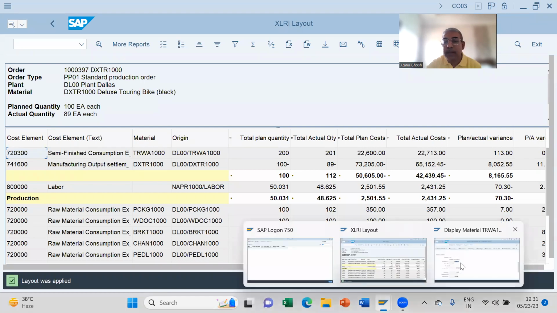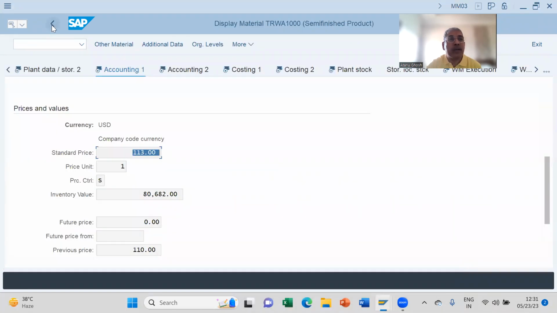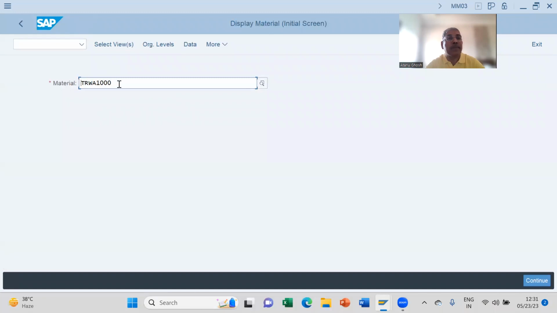You can check that. Just check the standard price of DXTR. It will be production, so that's why it's minus.